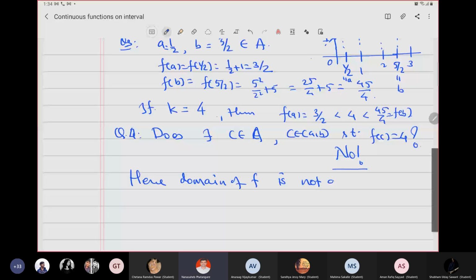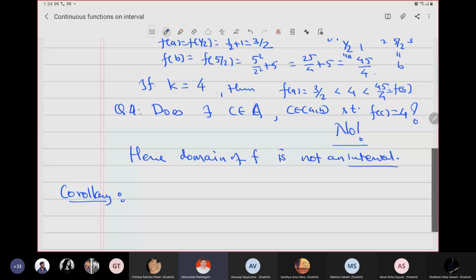Right. So from this theorem we can extend some result more.